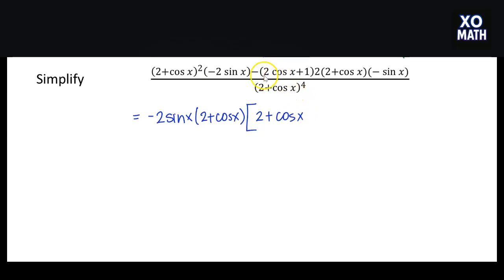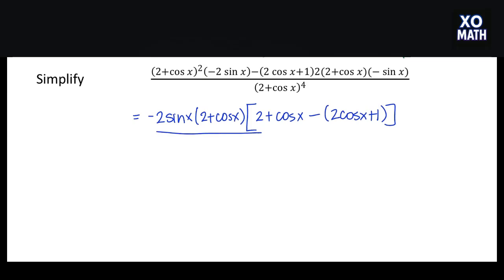And then we did take out a negative 2, but there was an extra negative, so it's still going to be subtraction here. So I took out this 2 and this negative, I took out the sine x, and the 2 plus cosine x. So what's left over is this quantity here. That's going to be 2 cosine x plus 1, all in parentheses, because the minus has to distribute to both of those.